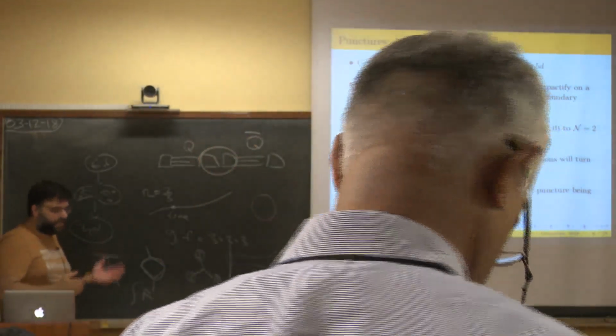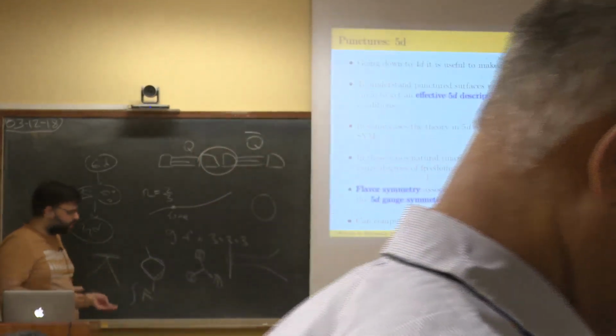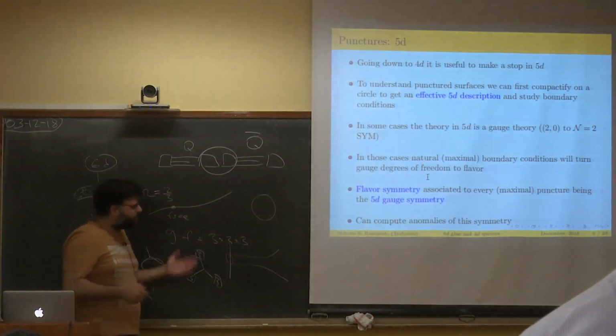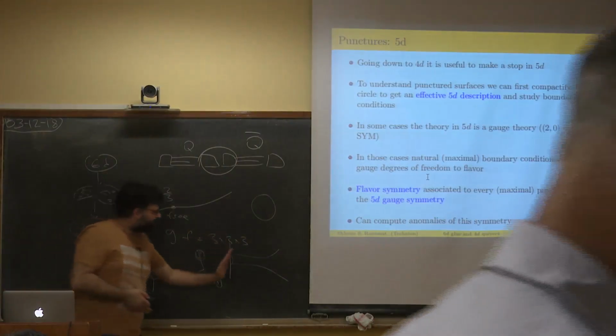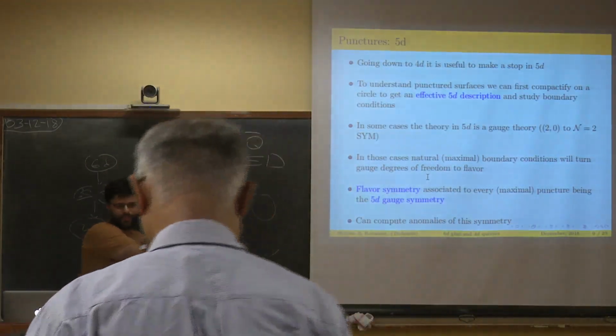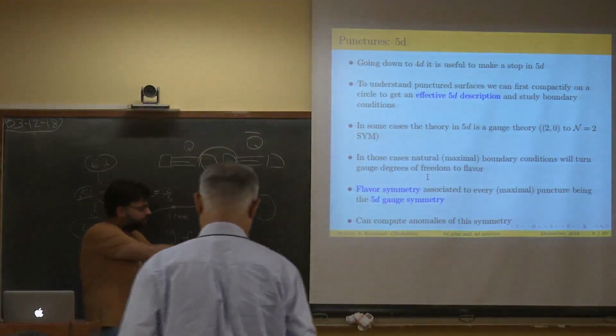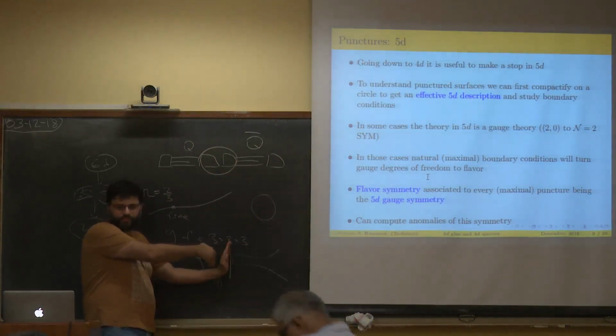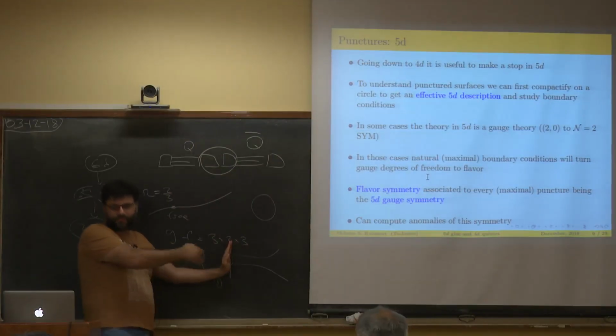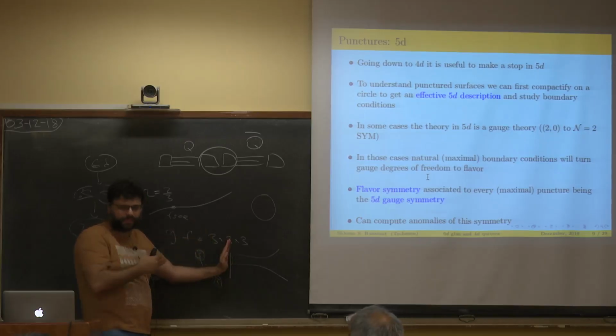There are many choices of boundary conditions which preserve the supersymmetry you want. One of them is called the maximal choice, and that's just giving Dirichlet boundary conditions to the vector gauge fields of the 5D description. So you're basically freezing the 5D gauge theory description, and you do something to other fields that you have, and that depends on the particular theory that you have.